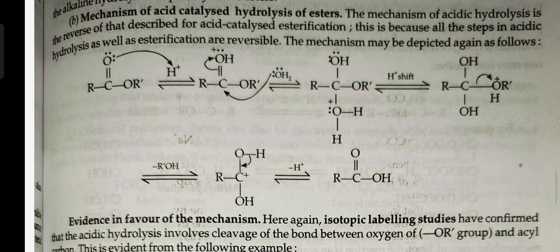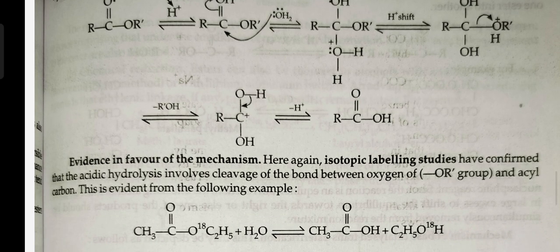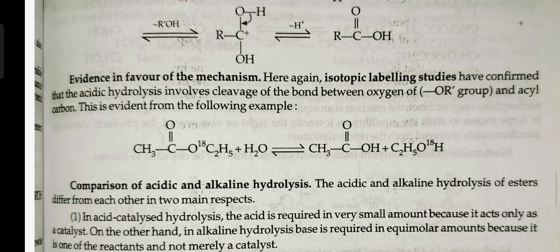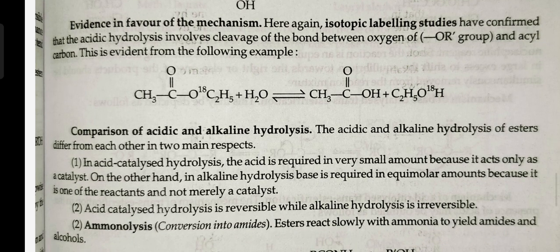Evidence in favor of the mechanism. Here again, isotopic label studies have confirmed that acidic hydrolysis involves the cleavage of the bond between oxygen and acyl carbon. This is evident from the following example. Comparison of acid and alkaline hydrolysis. The acidic and alkaline hydrolysis of esters differ from each other in two main respects.